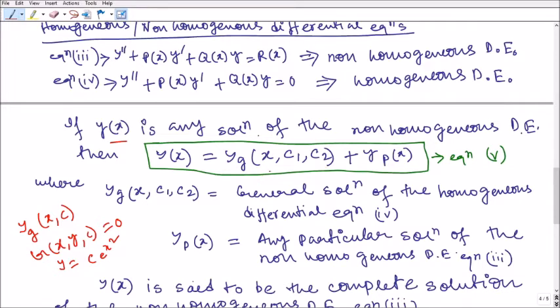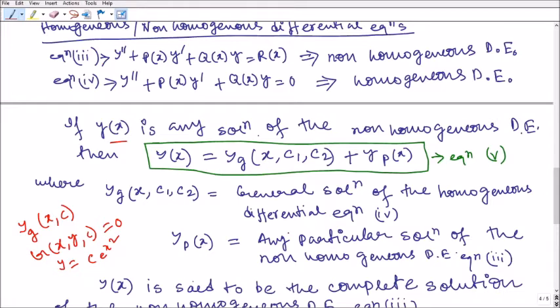So here yg is the general solution of the homogeneous differential equation, this equation 4, and yp is any particular solution of the non-homogeneous differential equation 3.